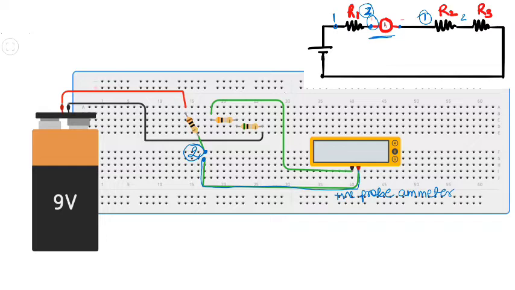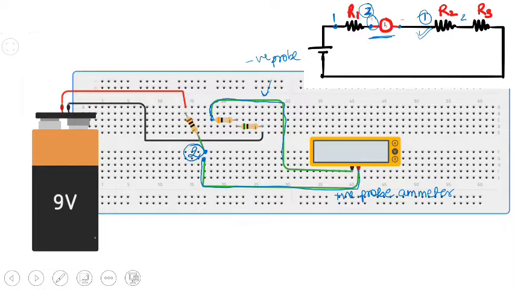So this is the negative probe of the ammeter. Where is it supposed to connect? It is supposed to be connected with the first terminal of resistance R2, which is here. So I can clearly see that it has been connected with it.